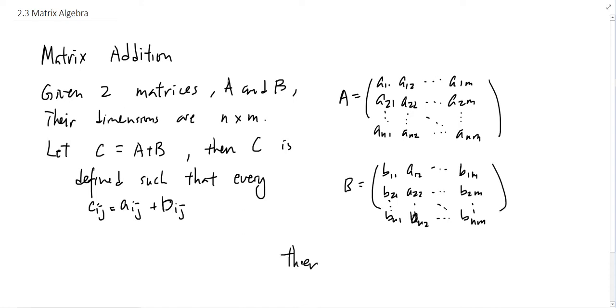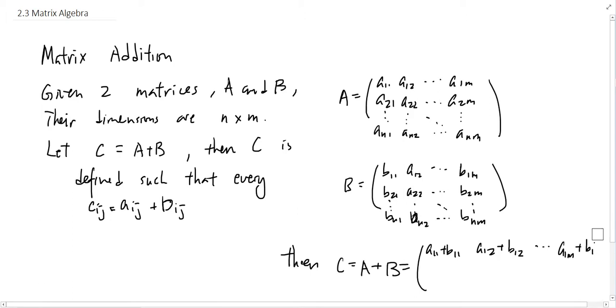Then C equal to A plus B is equal to A11 plus B11, A12 plus B12, to A1M plus B1M, and then this pattern continues to AN1 plus BN1, AN2 plus BN2, to ANM plus BNM.